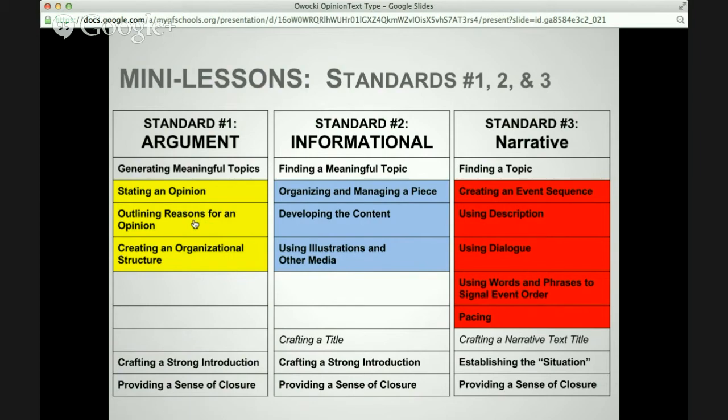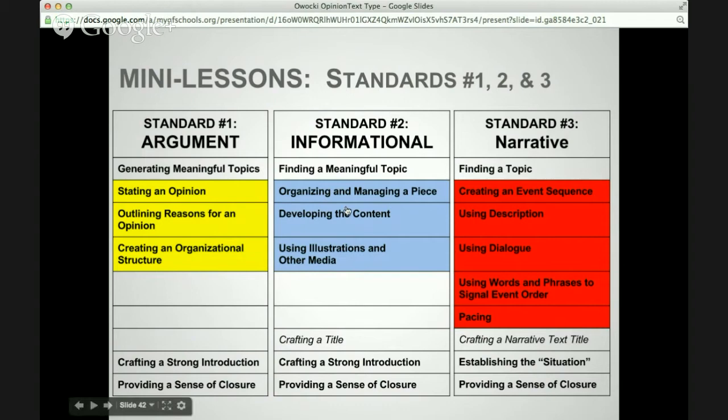In argument, really, the only things that I teach different from the other text types is I've got to teach them three things: state an opinion, outlining the reasons, and an organizational structure that is going to support the reasons in the claim. Versus informational, again, organizing and managing a piece, getting them to focus, that's like really, really big.